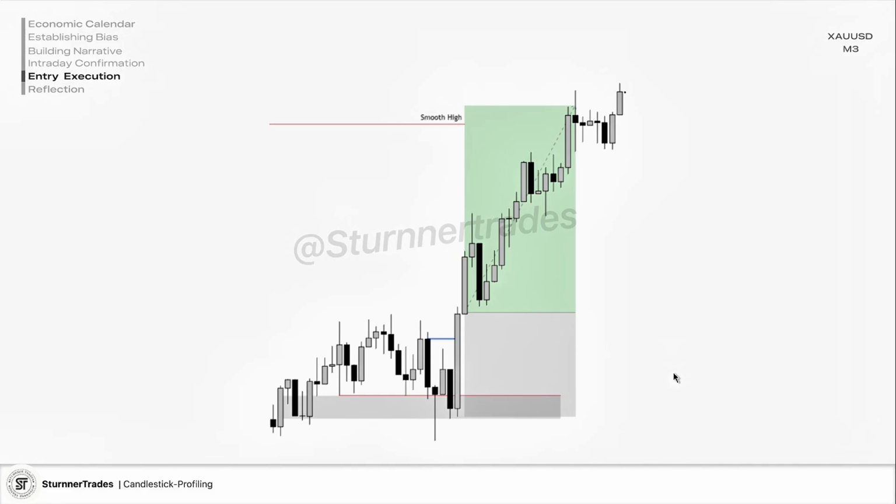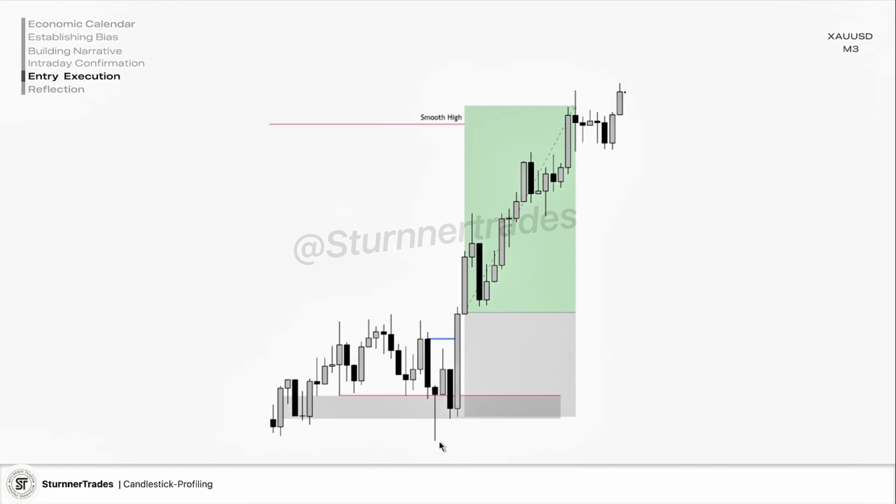Alright, so now we are on the 3 minutes chart, and again I'm keeping it simple. I'm looking for 3 things: a liquidity sweep, a change in state of delivery, and ideally SMT divergence.